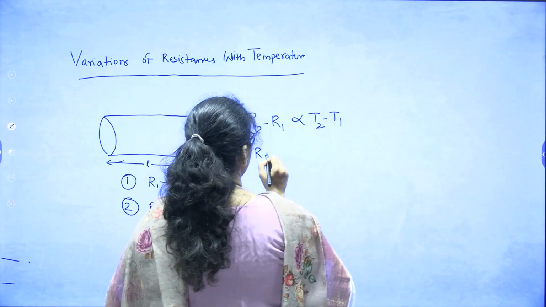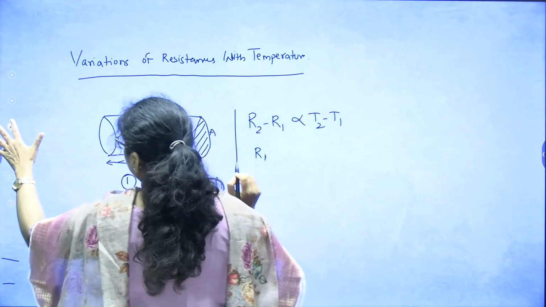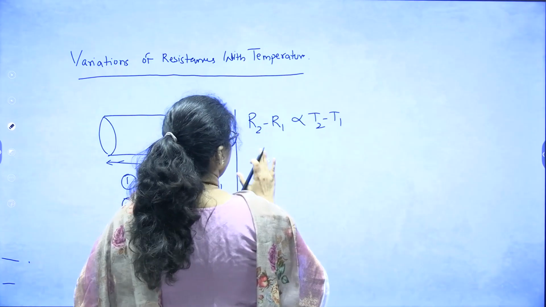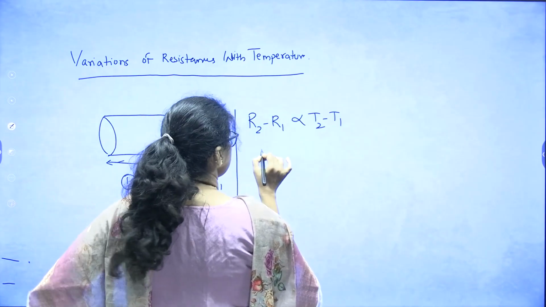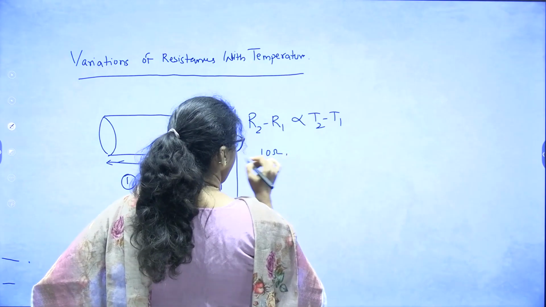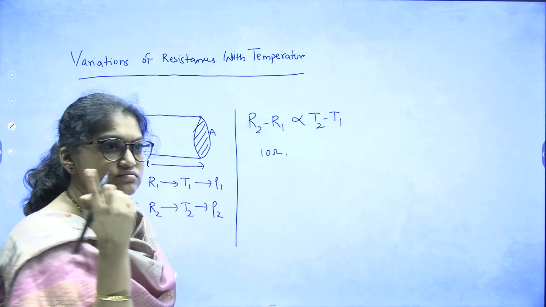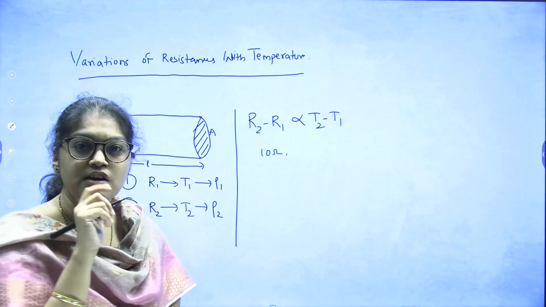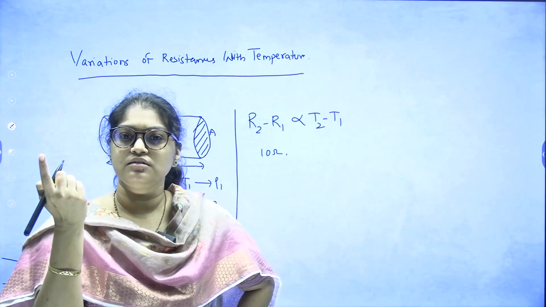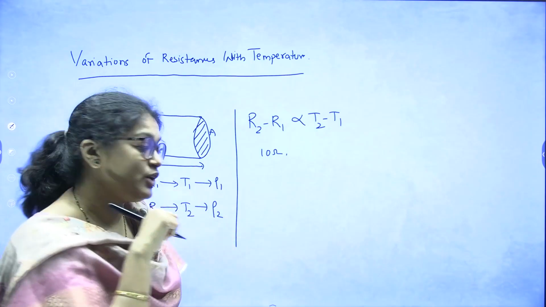For example, if I take R1 as 10 ohms, initially I have taken 10 ohms. The second time, I have heated the wire for 10%. Then what is the new value of resistance? For 10 ohms, what is the 10%? 1, which means 11 ohms.